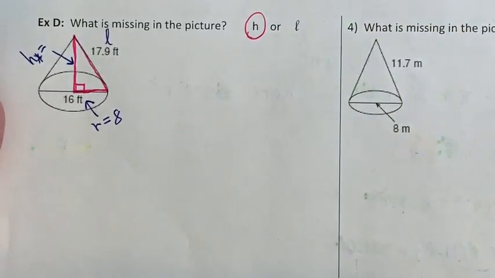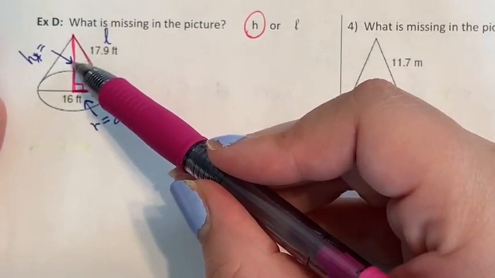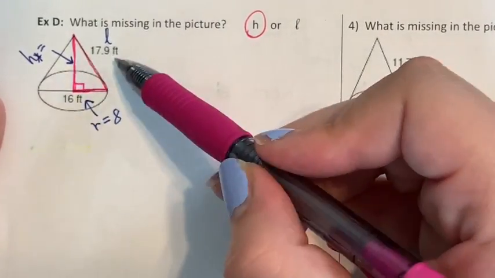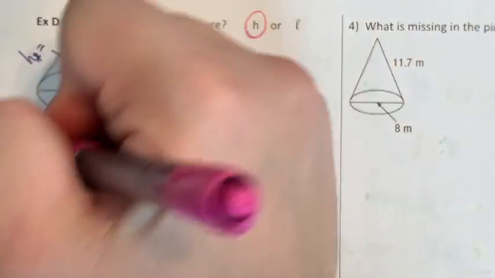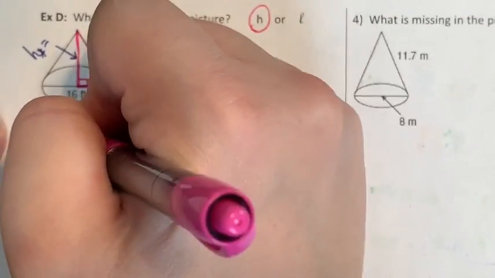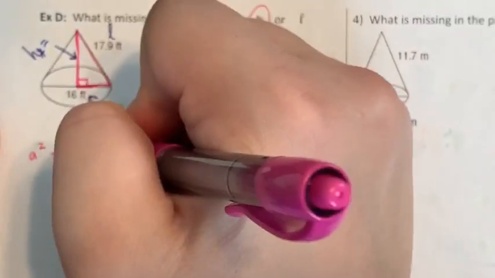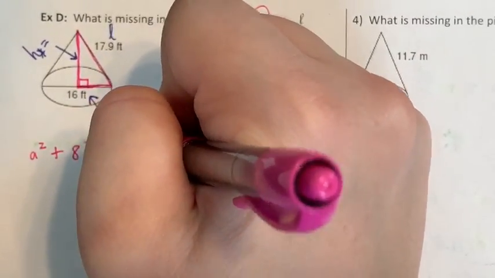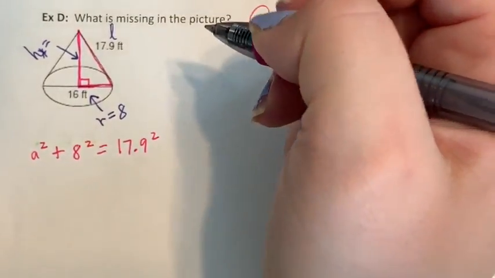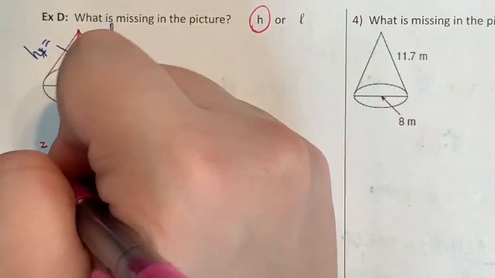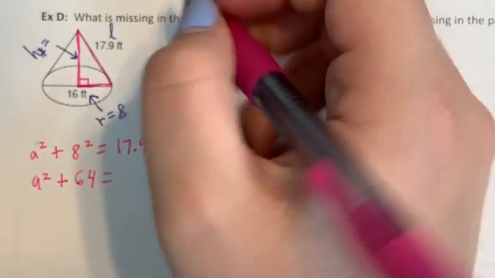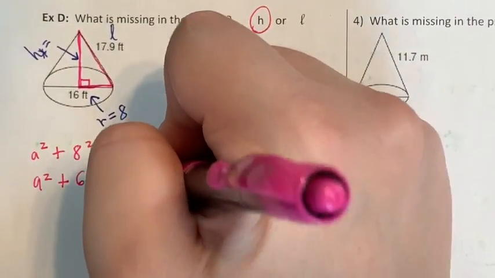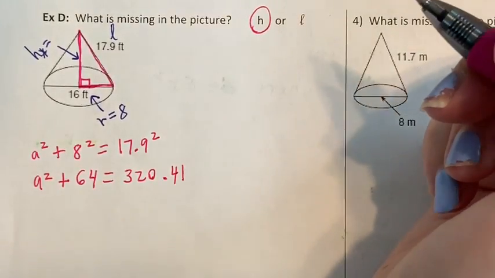So that means we have to do Pythagorean theorem. So I have one leg, I'm missing a leg, and I have my hypotenuse. So for the leg that I'm missing, my H star, I'll just call that A. So I can do A squared plus my other leg squared, which is 8 squared, equals my hypotenuse squared, so 17.9 squared. So then I'll have A squared plus 8 squared is 64, 17.9 squared is 320.41.